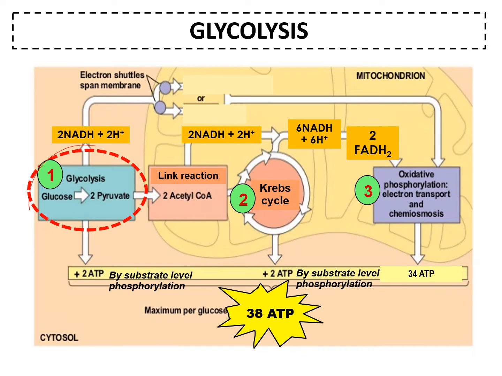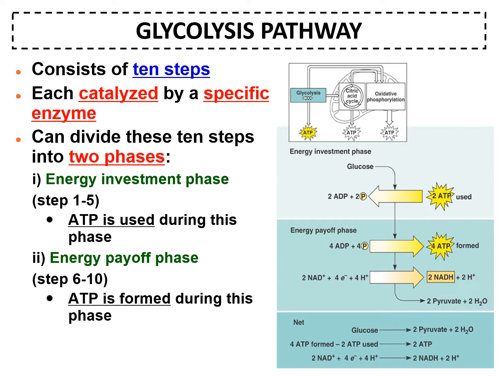So for glycolysis, we are going to look into the details of this process. There are 10 steps involved in glycolysis, and each step is catalyzed by a specific enzyme. These 10 steps can be divided into two phases.